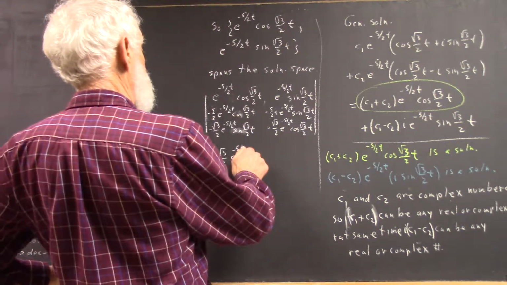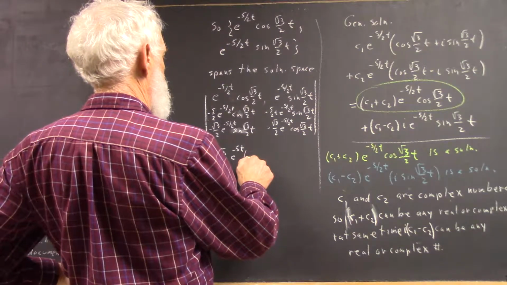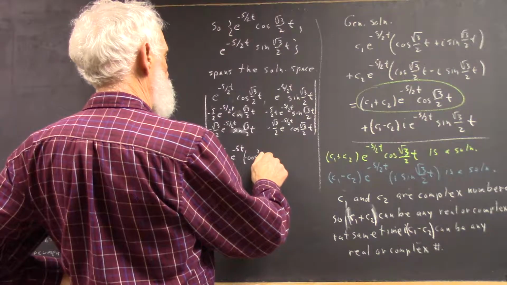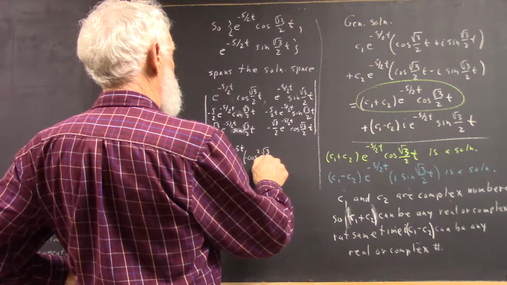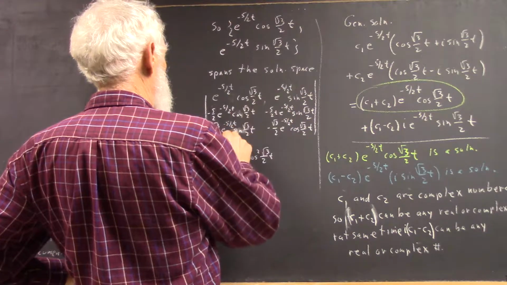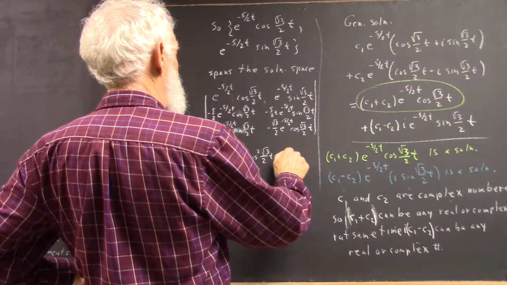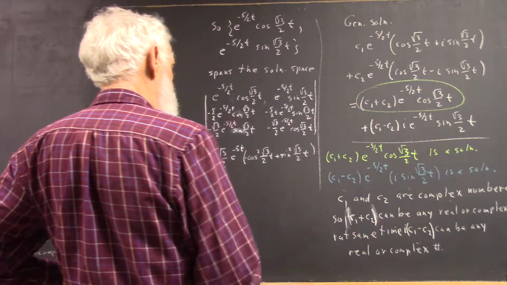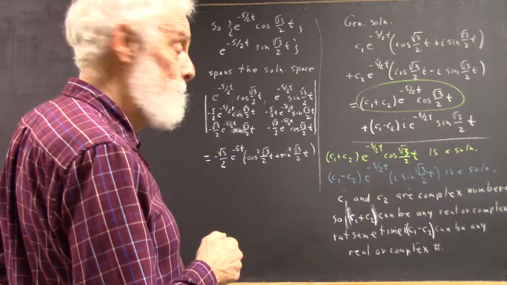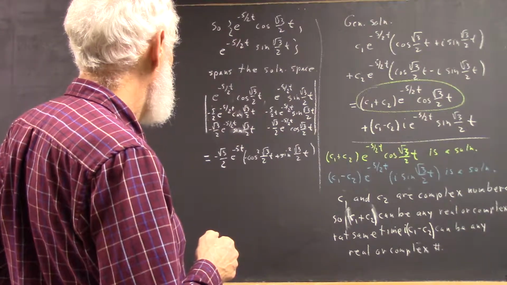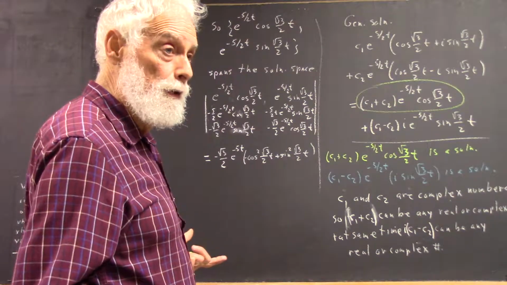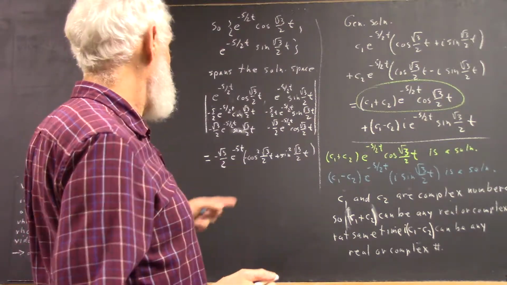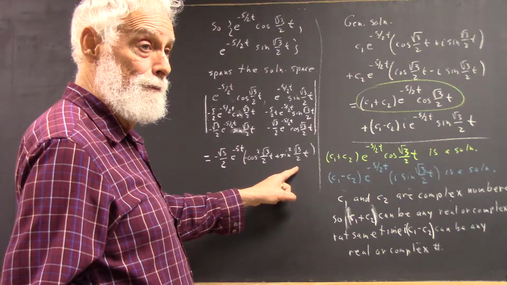So that's going to be times negative cosine squared of the square root of 3 over 2 t, and over here it's plus sine squared of the square root of 3 over 2 t. And this can't be 0, except if this is 0.